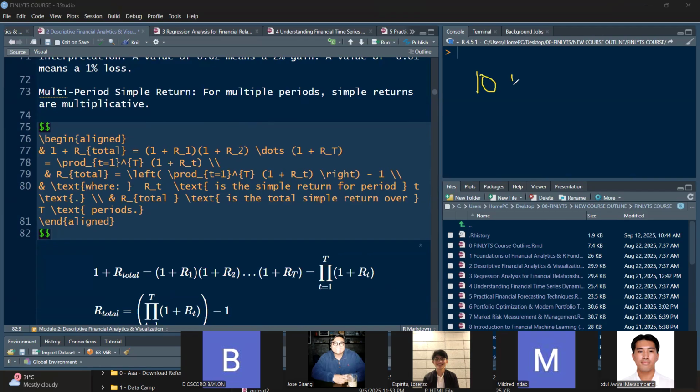Say, suppose these are the prices of your asset. This is the price today. This is the price 1, 2, 3, 4, 5, 6, 7 days ago. And you'd like to know what is the return for this.